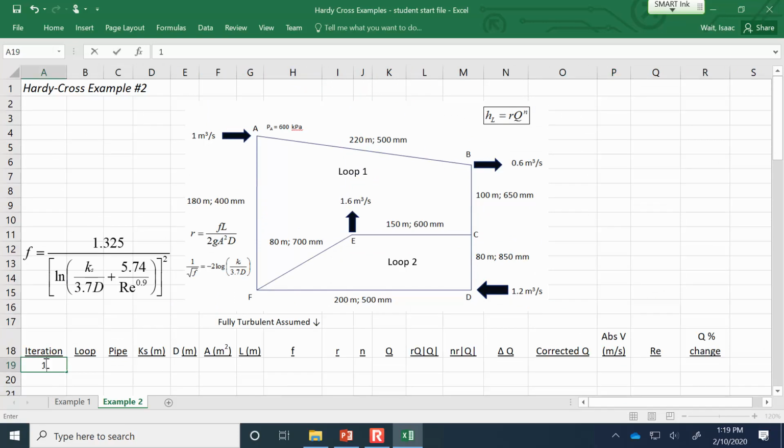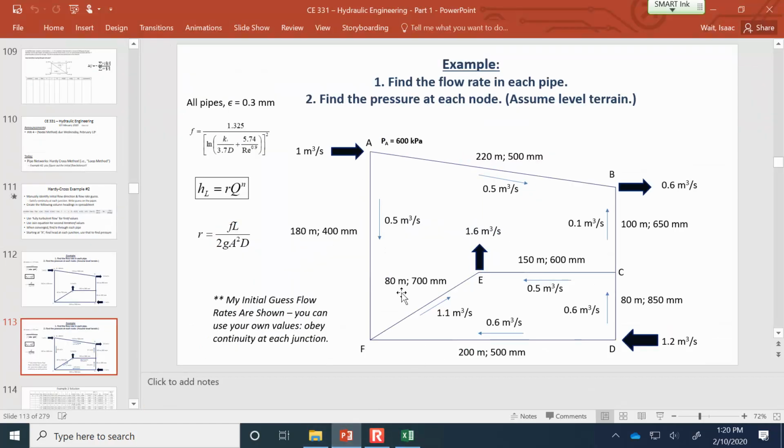All right, so in our first iteration, I'm calling this upper loop, loop 1, and the lower loop is loop 2. Does anybody remember what our convention is for knowing whether a flow is positive or negative? Like, for instance, in our initial setup, I said that this is 0.5 cubic meters per second.